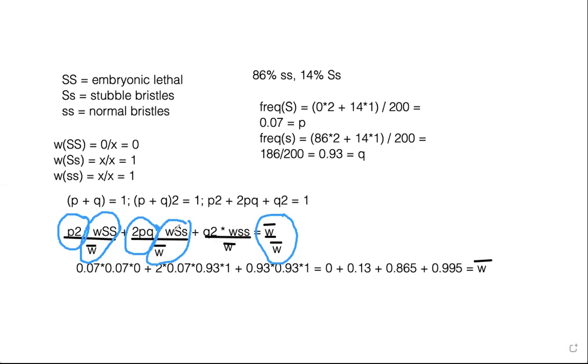Well, W big S is 1. W bar is a little less than 1. It's 0.995. So our numerator is larger than our denominator. It's 1 divided by something a little less than 1.